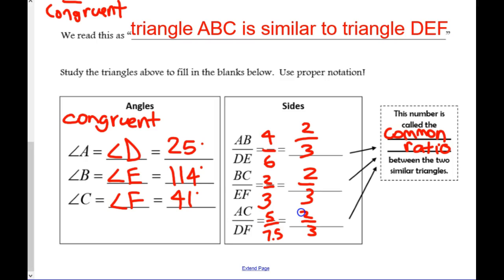Starts with a P. Not perpendicular. They are proportional. Proportional means they all have the same, not parallel. They give you the same fraction when you make the corresponding sides into a ratio. Proportional. Okay, you can flip that over.